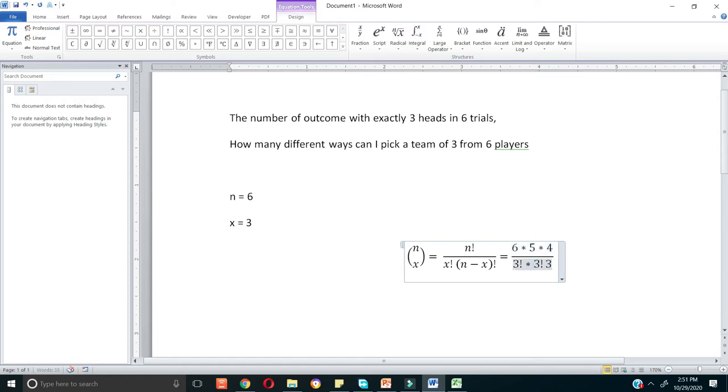We remain with 3 factorial in the denominator, which is basically 3 by 2, and in the numerator 6 by 5 by 4. The 3 cancels with the 6 to give us a 2 up here. So we have 20 different ways that we could come up with 3 heads.